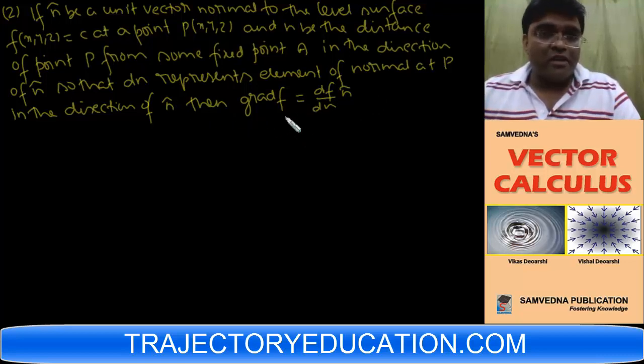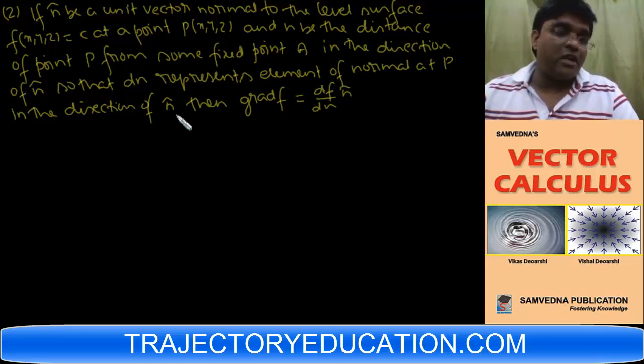So we have to prove over here that the gradient of f lies in the direction normal to the level surface.